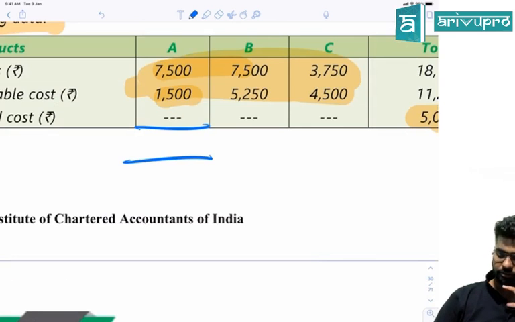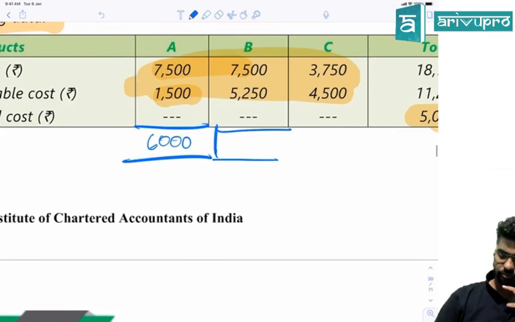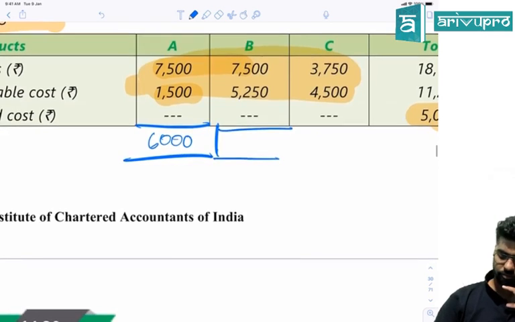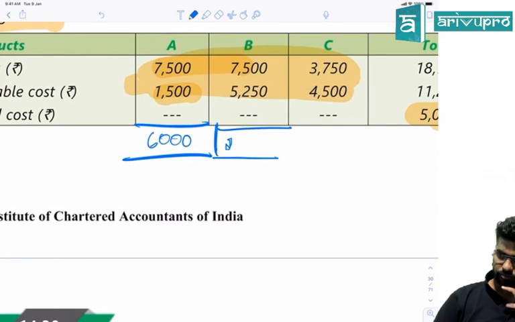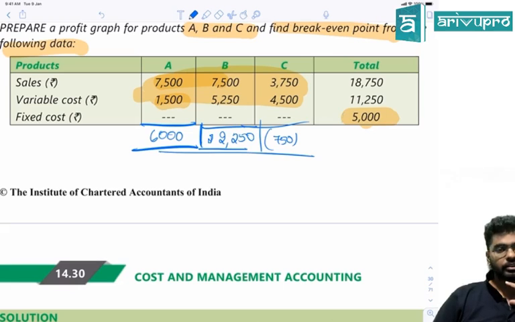Product B, product C, have a fixed cost of what? 5,000. Till here, are you clear?